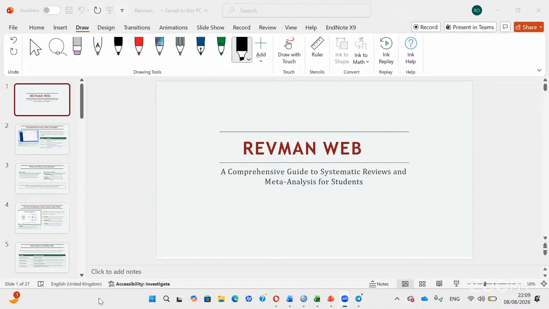I collaborated on five research projects that used RevMan, and I'm really happy to learn from each other. If anyone wants to learn something in RevMan or CMA or R, I'm really good at this, so I will be more than happy to share and learn from each other.